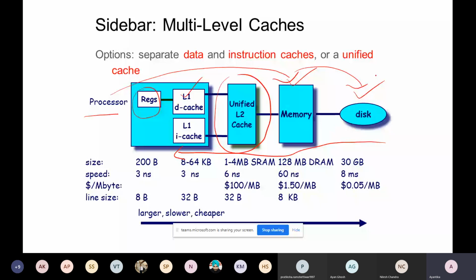You can see the arrow showing that this side is larger, slower and cheaper, and this part is costlier, faster and also smaller. That's why there is a chance of a miss. In spite of the gain we expect, we also have to handle these effective misses properly.